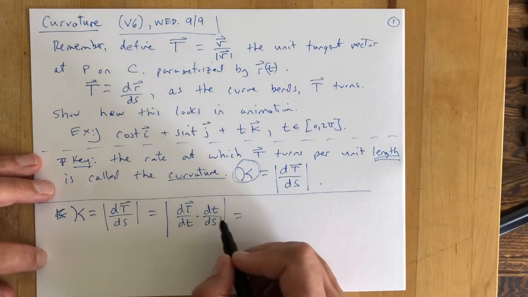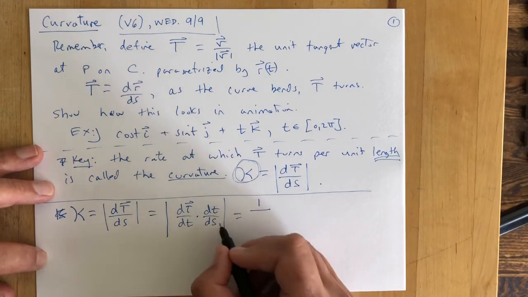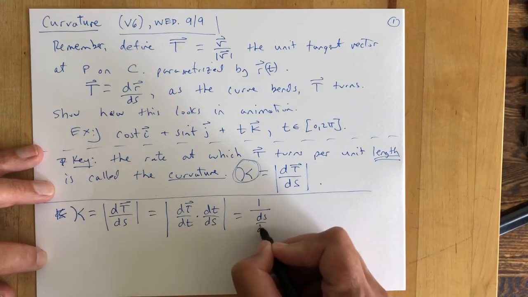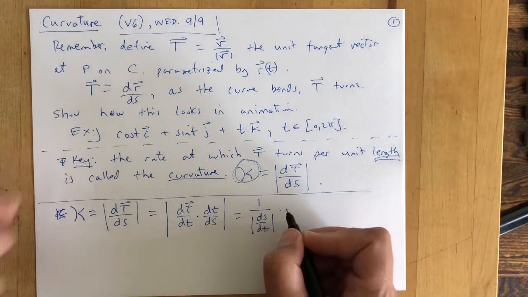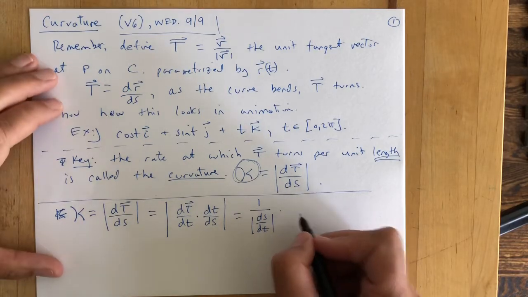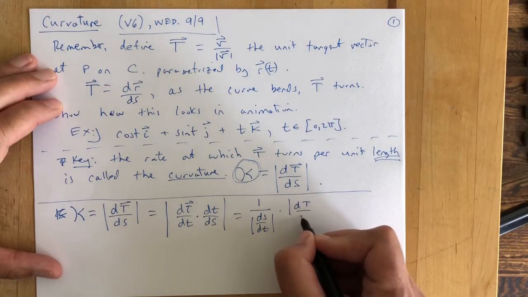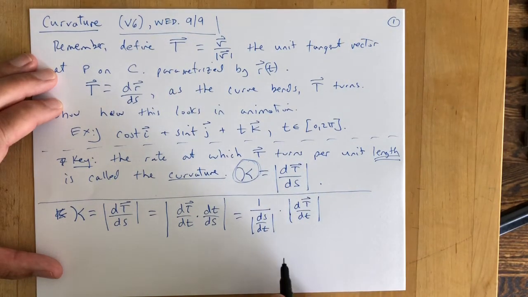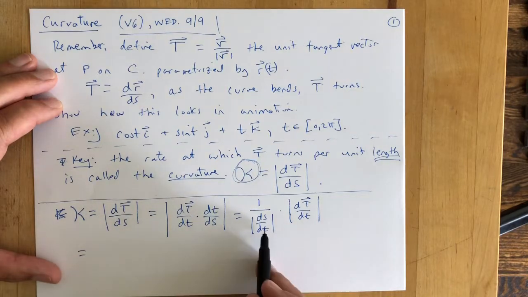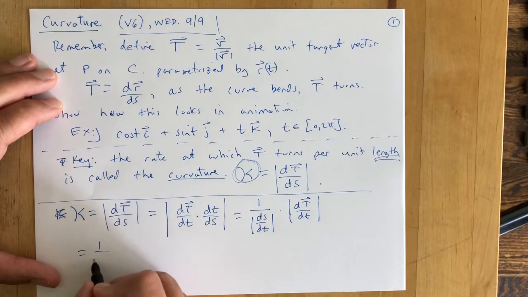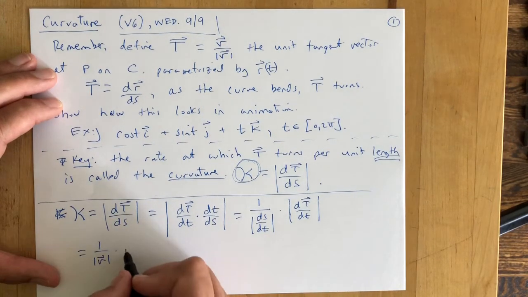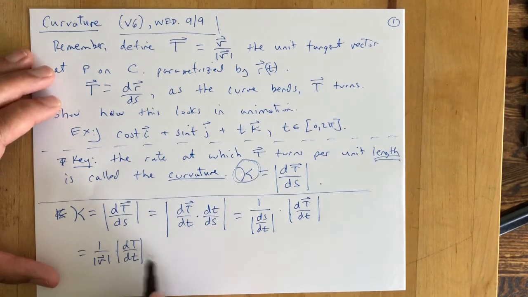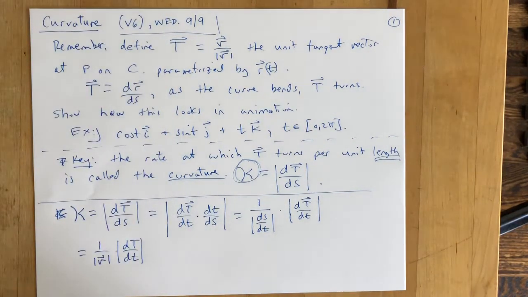I just did the chain rule on this guy. So this is going to be equal to, I'm going to pull this 1 over, and now this flips, ds/dt, times dT/dt. And it turns out that this is just the norm of v, times dT/dt. And this is the value of kappa.